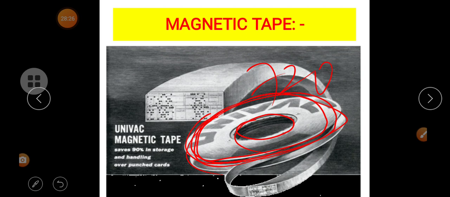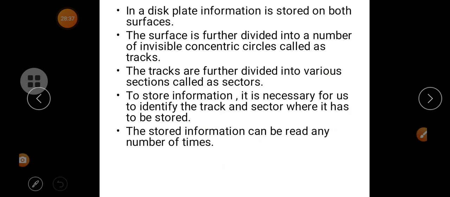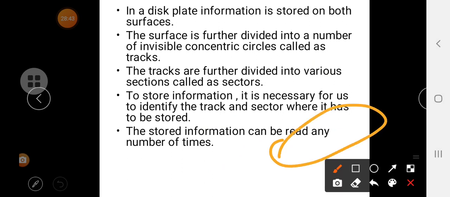So it rotates 720 times per minute, so that the data will be captured. Okay, so in this disc plate, information is stored on both the surfaces, that is, on this side also it is stored, on the back side of that also it is stored.